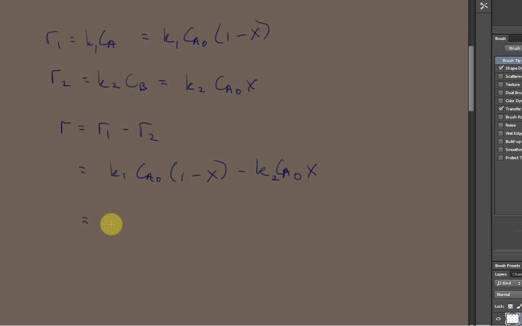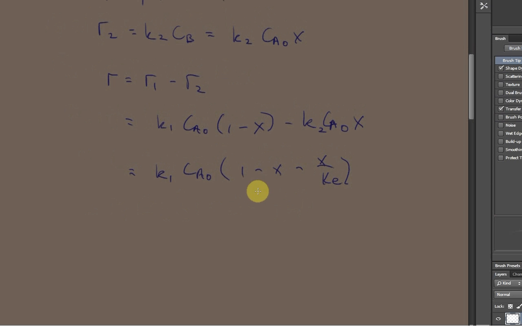And of course, we can group out K1 Ca naught and rewrite this as 1 minus X. And then if we group out for the equilibrium constant, then this becomes minus X over Ke.